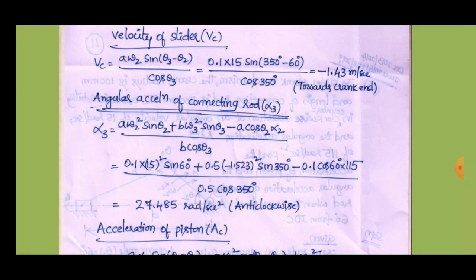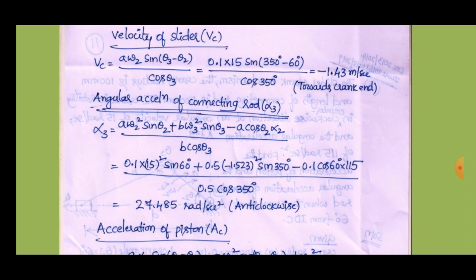Then after finding the velocities, go for the accelerations. Angular acceleration of connecting rod, that is alpha 3, which is equal to a omega 2 square into sine theta 2 plus b omega 3 square into sine theta 3 minus a cos theta 2 into alpha 2, the whole divided by b cos theta 3. Here the alpha 2 term will not cancel, because alpha 2 is not 0.